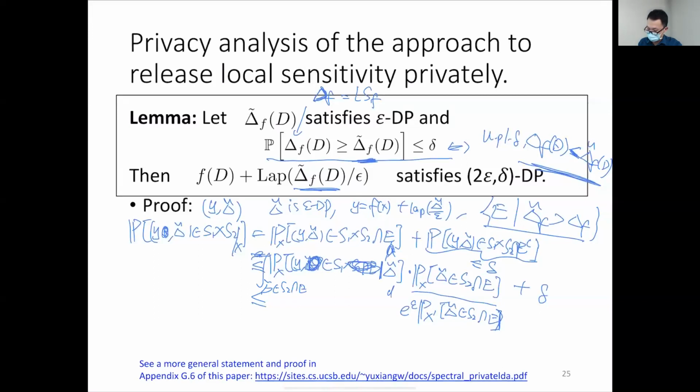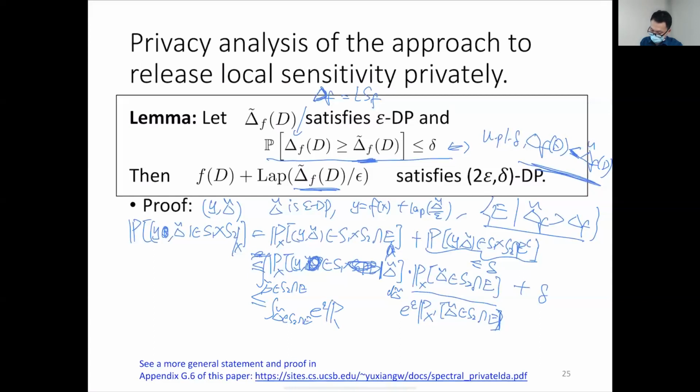And for every one of these, since this is intersecting with E, we know that this is a valid upper bound. So under E, this delta tilde is a valid upper bound of the local sensitivity. Therefore, adding the Laplace noise to this would preserve the neighboring relationships up to e to the power of epsilon. So I can replace this by e to the power of epsilon.